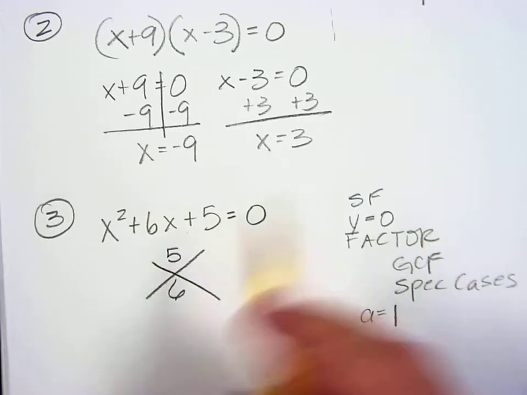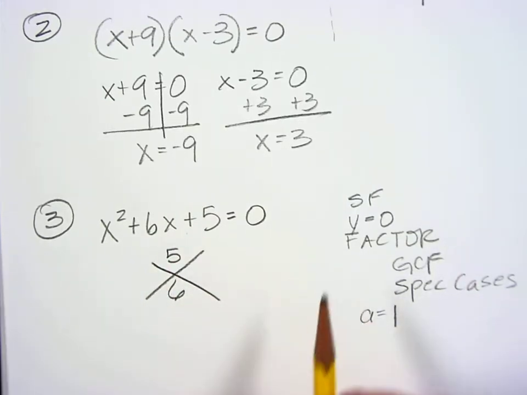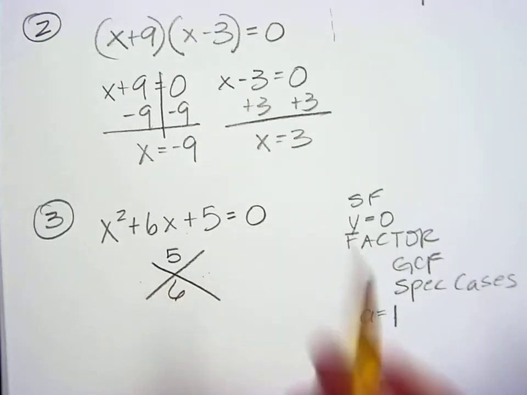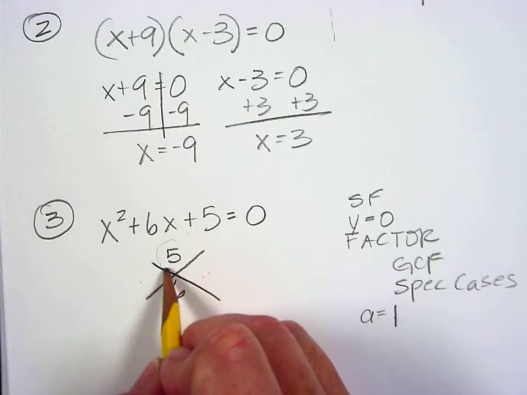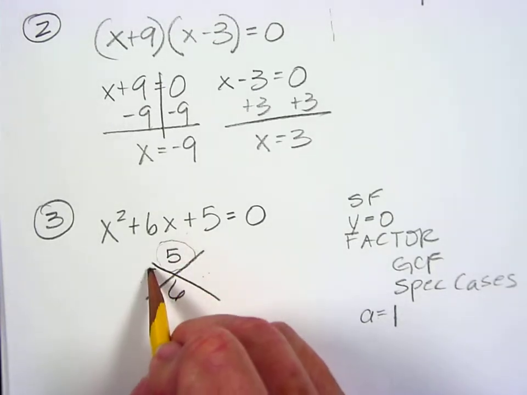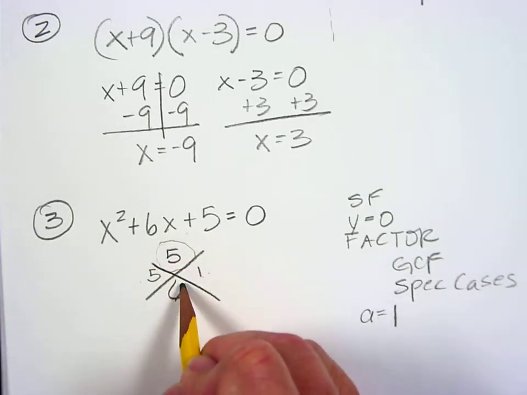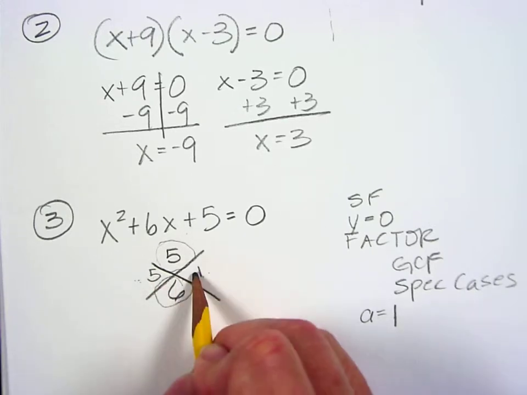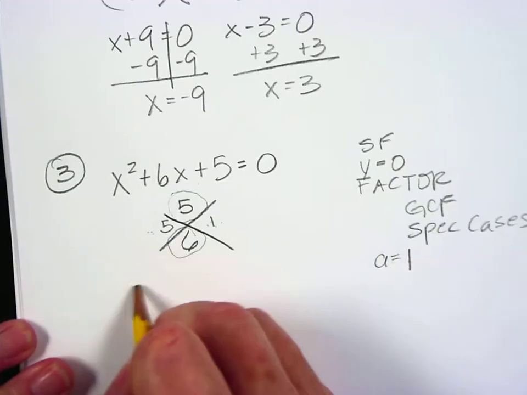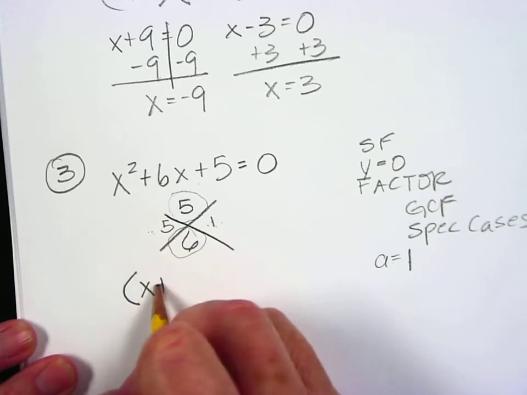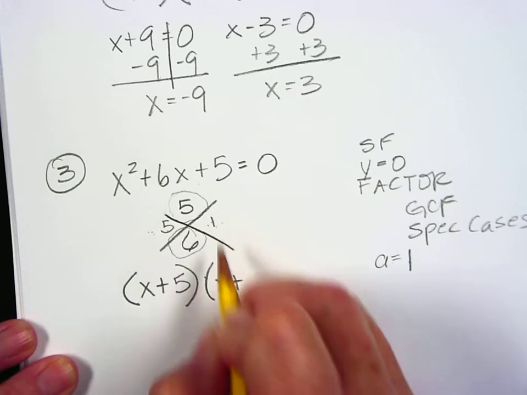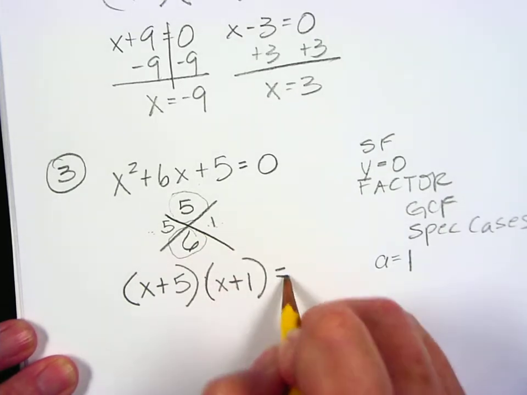Be careful, we got confused with this one in class because I tried to put a 3 and a 2 here, and that doesn't work because your product is 5. So that would be 5 times 1, and your sum is 6, which would be 5 plus 1. So if those are the two values, then I'm going to do x plus 5 and x plus 1 equals 0.